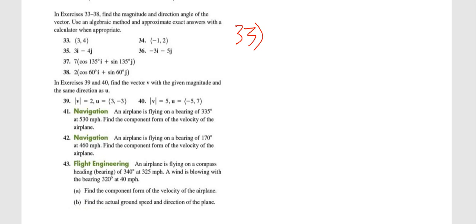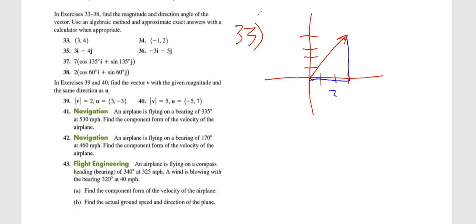Okay, so we've got 3, 4. 1, 2, 3, 1, 2, 3, 4. I wish my scale was the same looking size, but it's not. Oh well. So got a 3 and a 4. Find the magnitude. Okay. How are you going to find the magnitude?